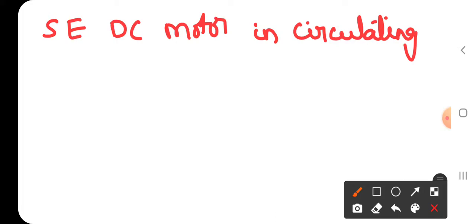In order to have the circulating current, we are going to connect large size inductors, which are also considered as current limiting reactors or current limiting inductors. How will these be connected? First let me draw the circuit diagram.